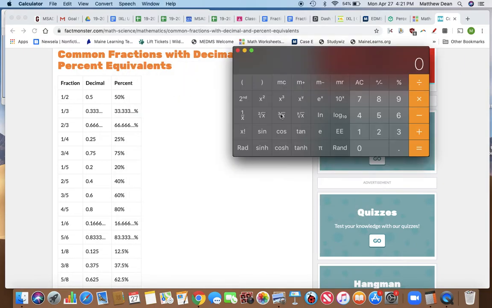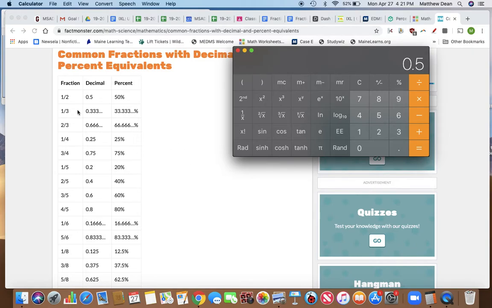I wanted to find what the decimal is for 1/2, so I did 1 divided by 2. That gave me 0.5 for the decimal. And percent is always out of 100, as you saw in the video you watched this week. So that percentage is 50%, right?